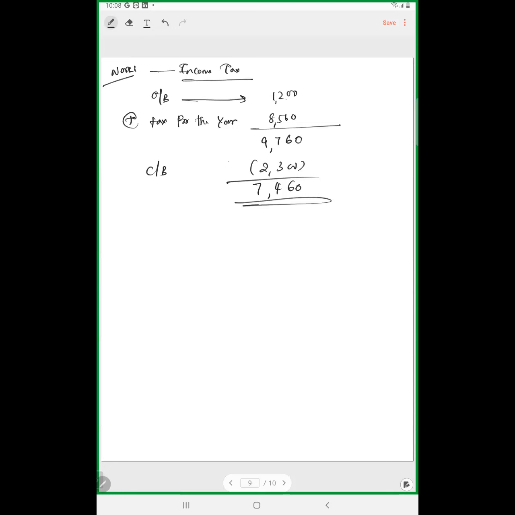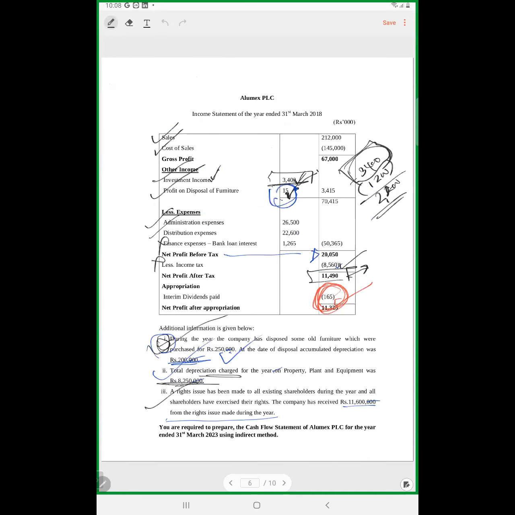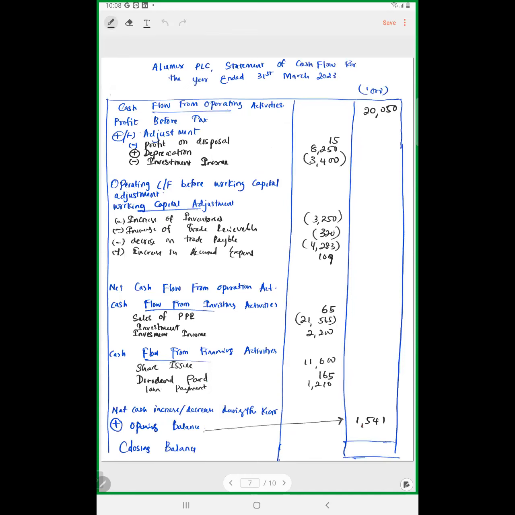Is that clear? Yeah, good. So then we can record it. Yes, you can see cash flow after working capital adjustment.